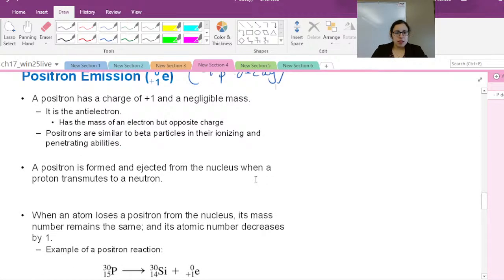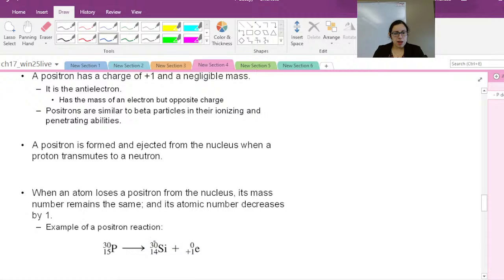Our proton, in this case, now transmutes to a neutron. Notice the mass stays the same, the positron is lost, and of course protons do go down now in this case.